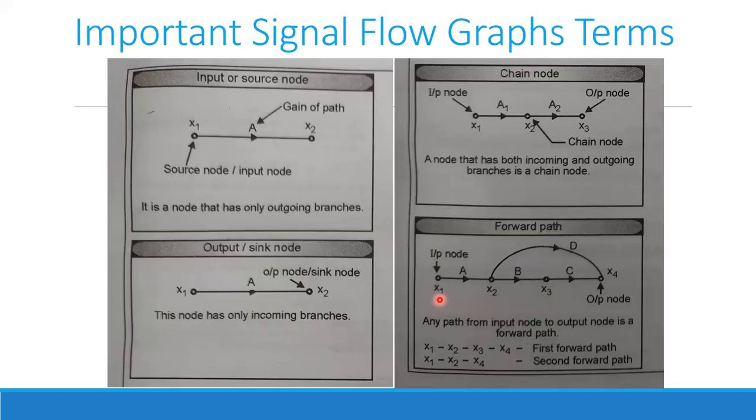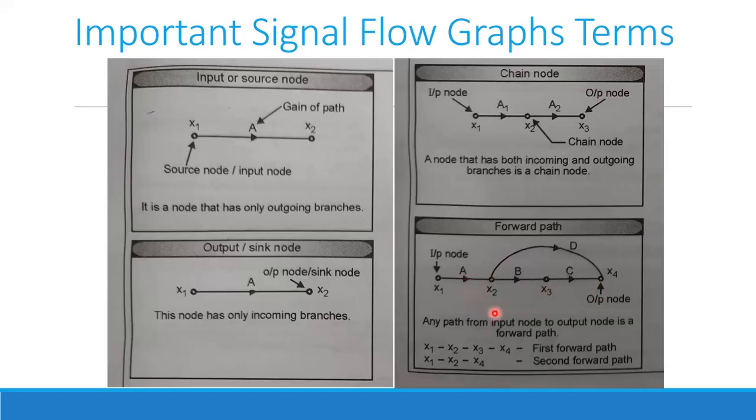So for reaching x4 from x1, you can use this straight path, x1, x2, x3, x4, or you can also use x1, x2, and this D side directly to x4. So these two paths are forward paths in this signal flow graph.